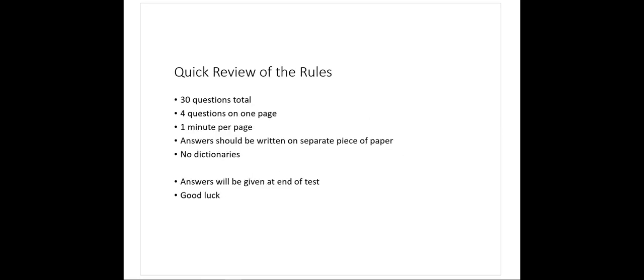Okay, so let's take a quick review of the rules of the quiz. There are 30 questions total, and each page is going to have 4 questions, and you will have 1 minute to complete all 4 questions, so about 15 seconds per question. Answers should be written on a separate sheet of paper, and obviously you don't want to use dictionaries or phones or anything of that nature, because if you do, you will have a skewed result.